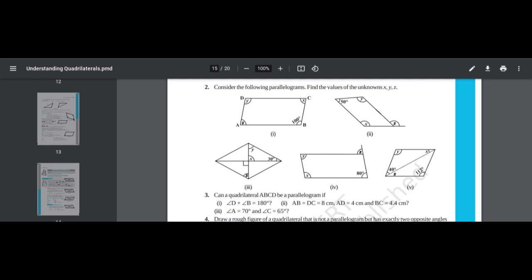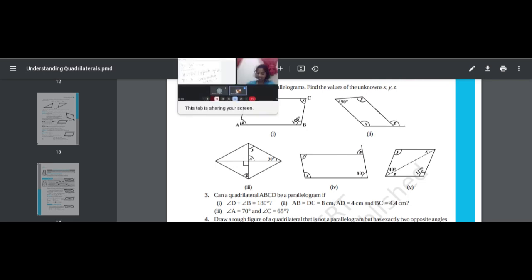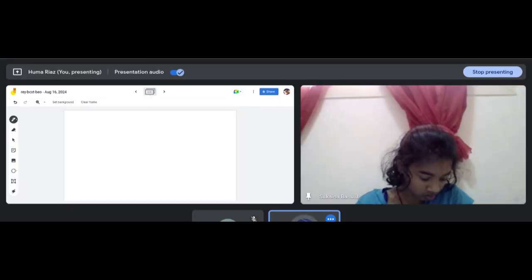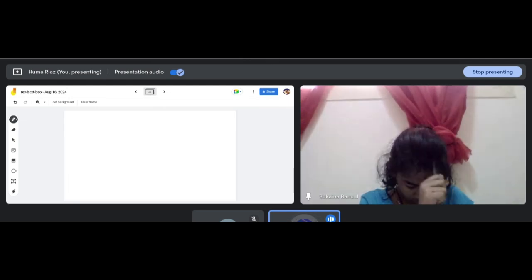And the third situation they ask about is if the angles are 70 and 65. So basically they ask about two angles being similar, two sides being similar and the other two sides different, and both angles being different. Can we call that a parallelogram? So we have to give the reason.